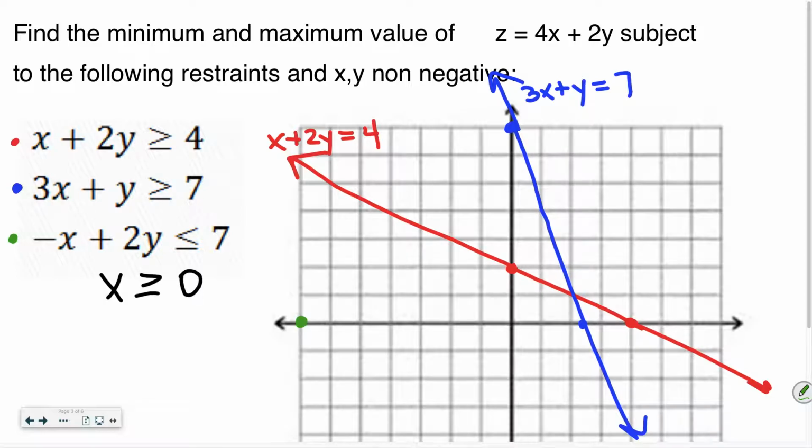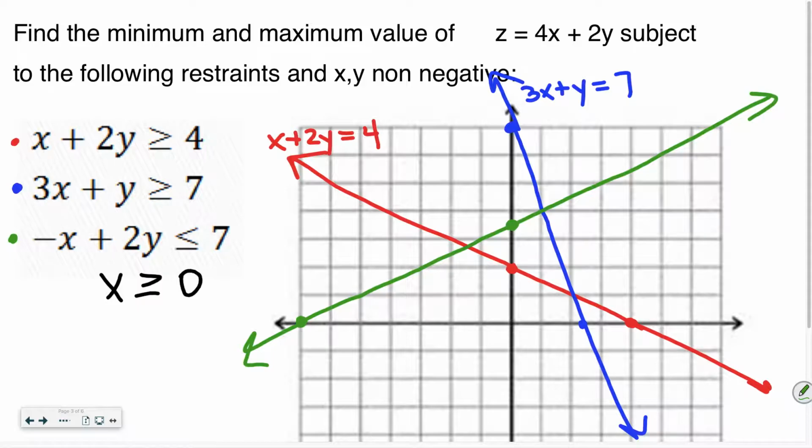And our y-intercept would be 7/2. Okay. Does 0, 0 satisfy that inequality? Ooh, it does, right? We shade towards it.